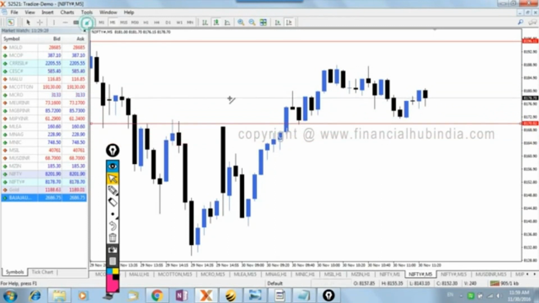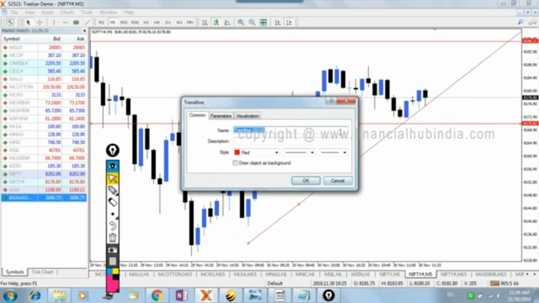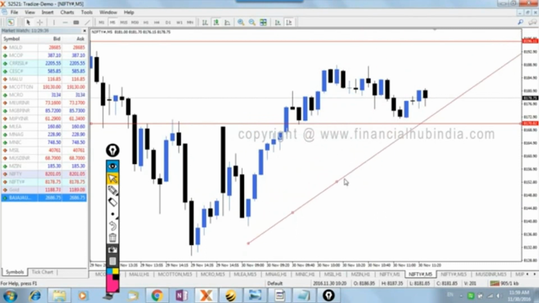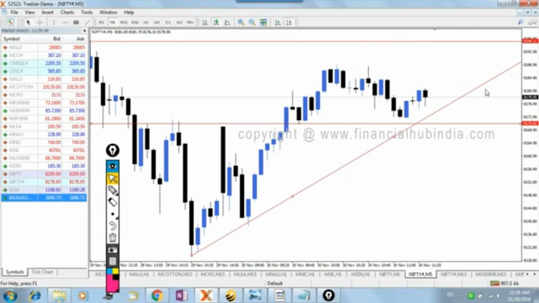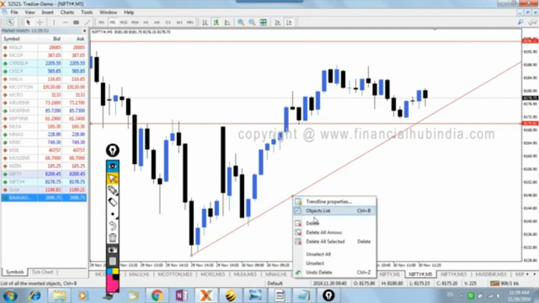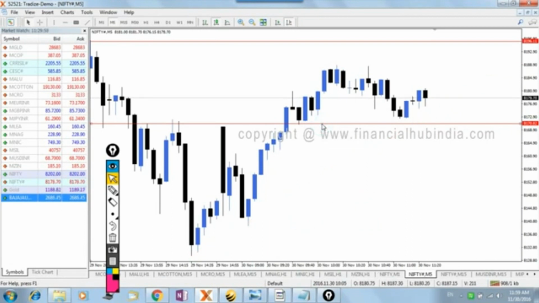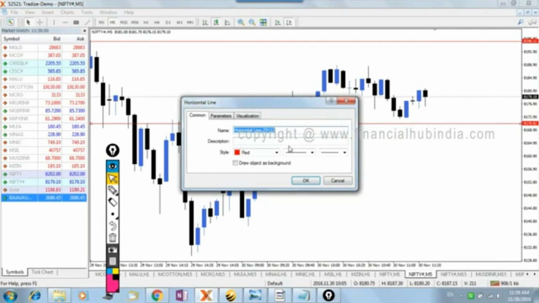Then you have this trend line, and sometimes we'll be using these trend lines also, right? So you should know where to find it. If you want to remove this, double click and delete it, and if you want to change the color of the line, right click, and from here you can change the colors you want.